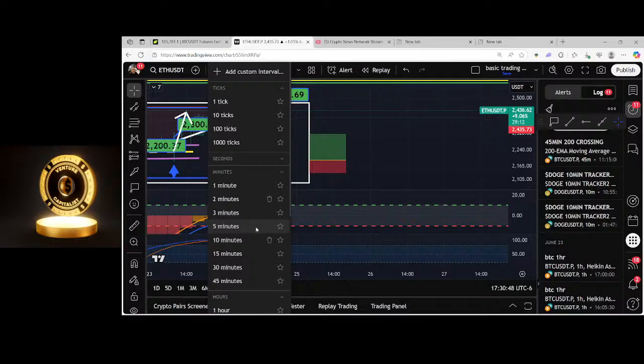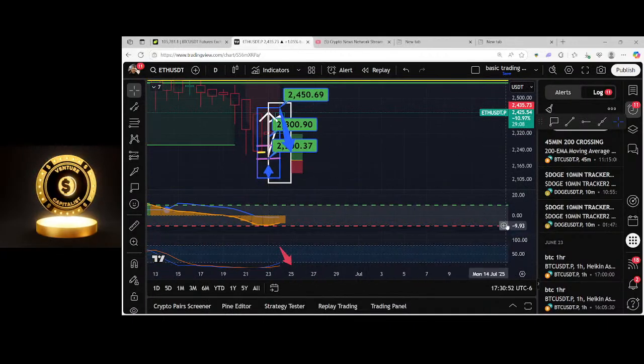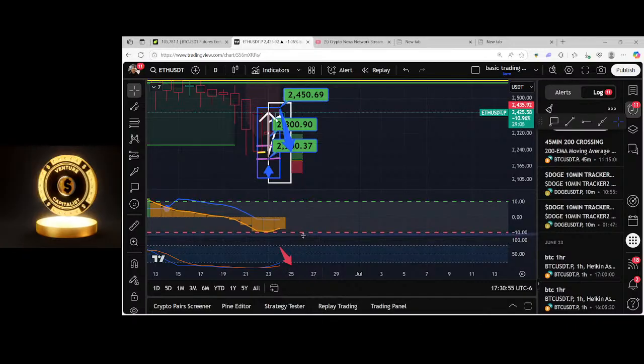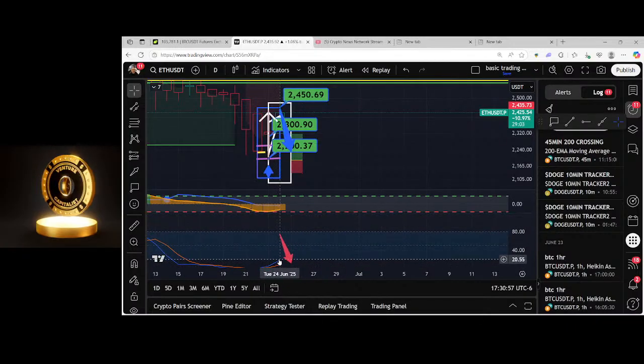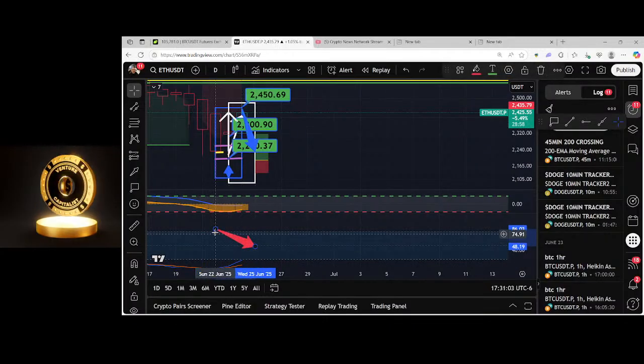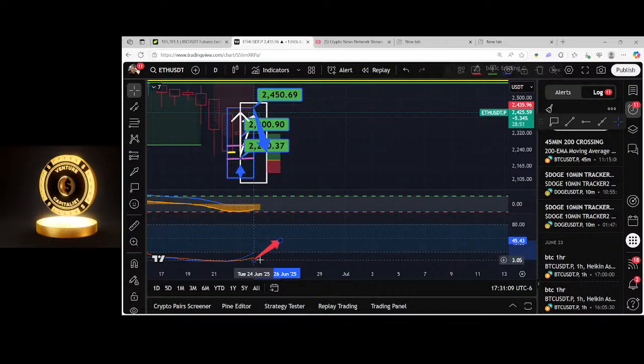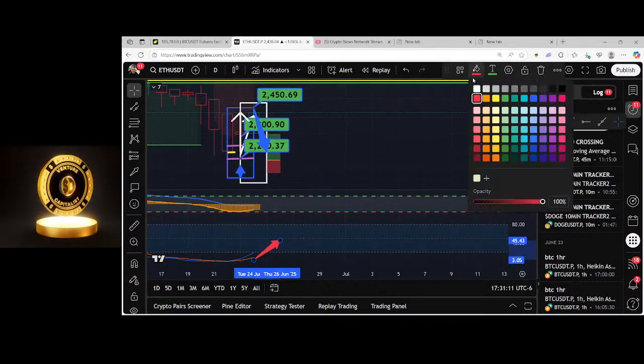And if we go to Ethereum's daily, which is about to break the 20, you can see why these coins are starting to hold their level: there's a lot of buyers coming into this zone.